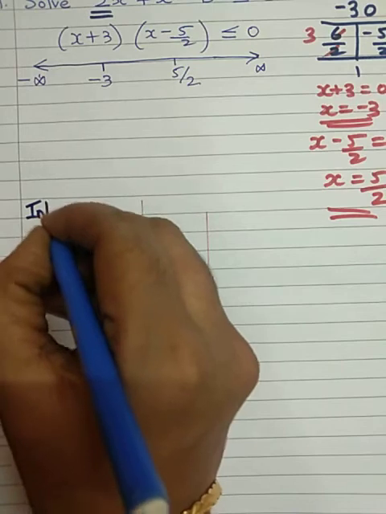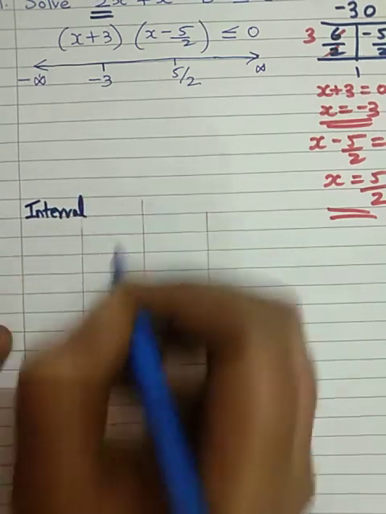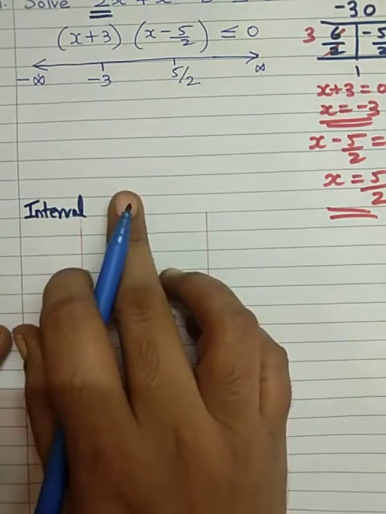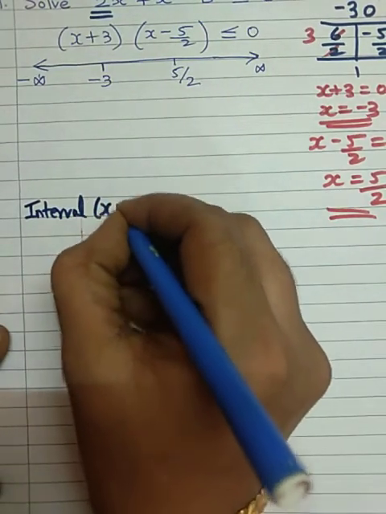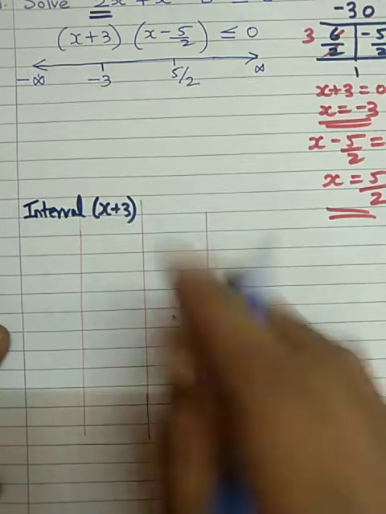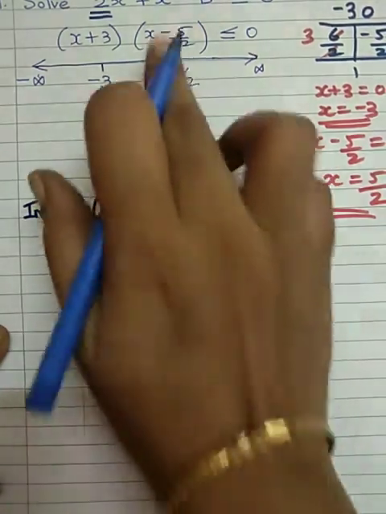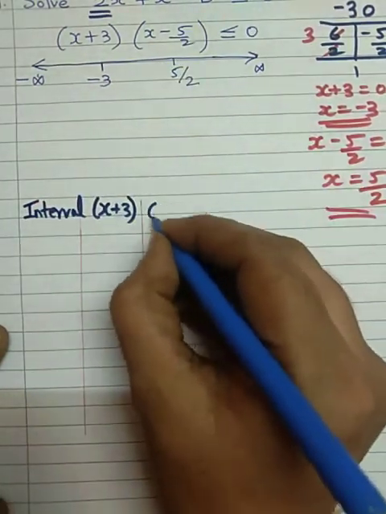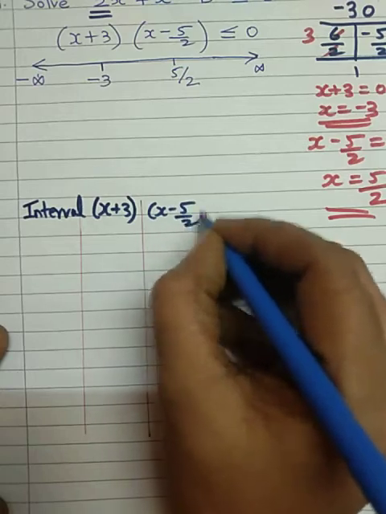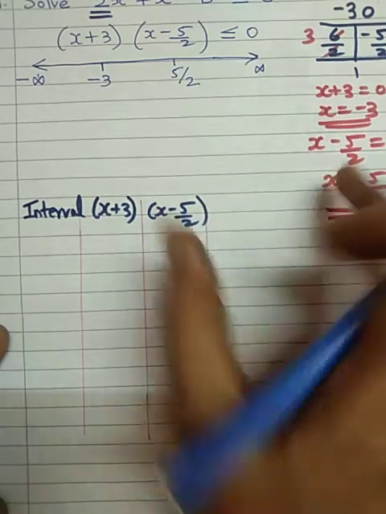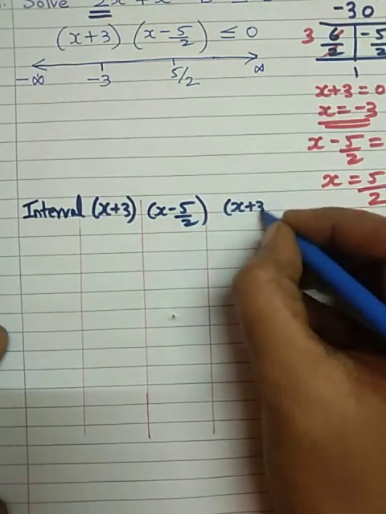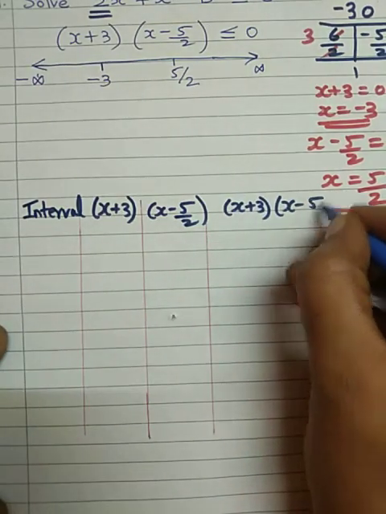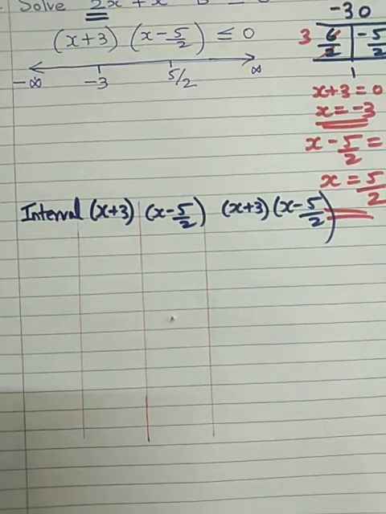First column, the heading is interval. Second column, the first bracket, x + 3. The next column, the next bracket, x − 5/2. The last column, the combined product, that is (x + 3)(x − 5/2).